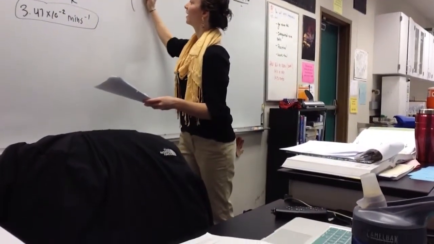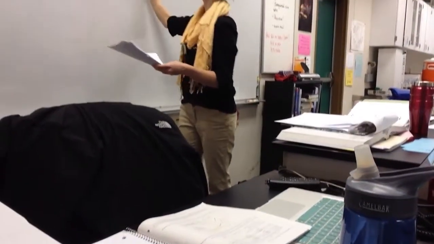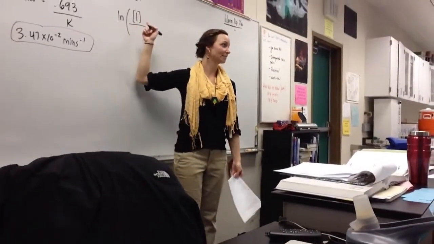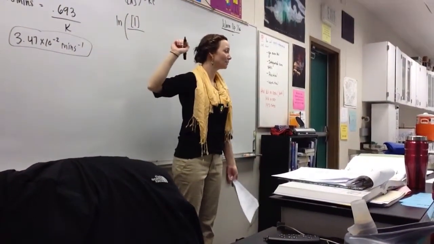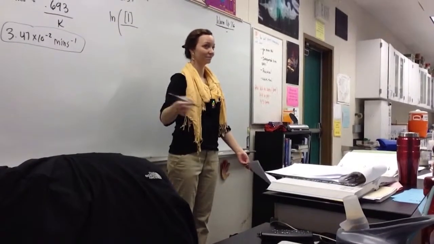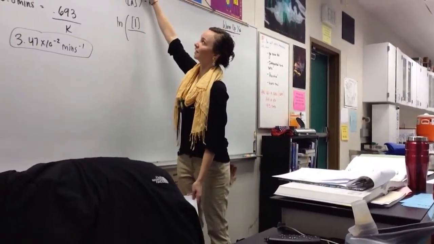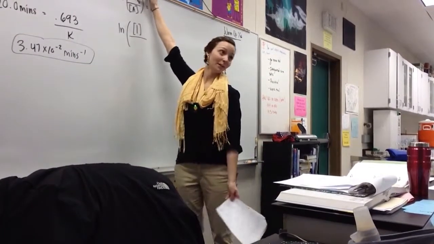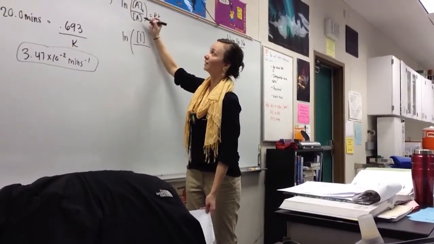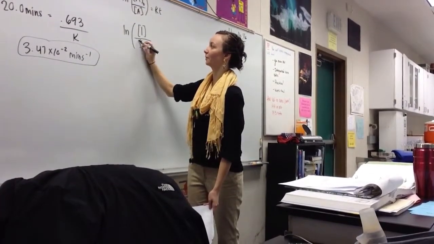If the initial concentration, we're going to call it 100% because we have 100% of the reactant. After 75% is used, how much remains? 25%, right? So if we had 100% of our initial, after 75% is used, we have 25%, or 0.25 in decimal form.